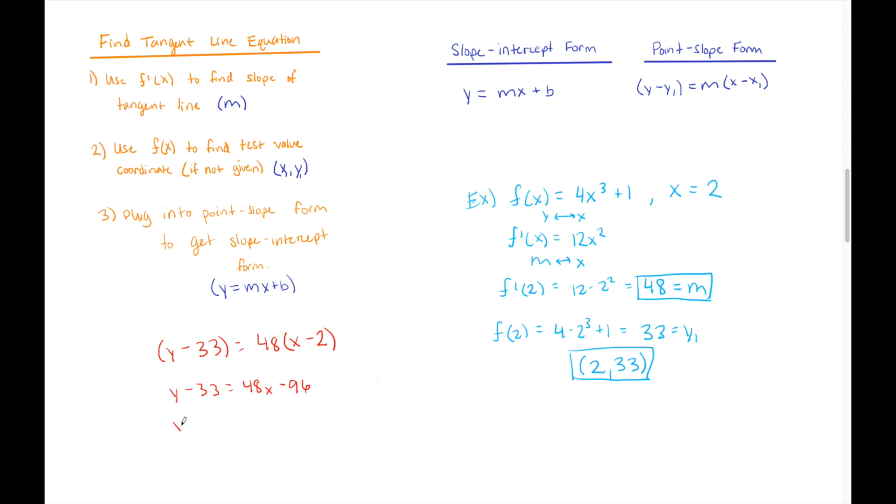We're going to add 33 to both sides and get 48x minus 63, and this is the equation of our tangent line. Meaning, if I graphed this and I graphed our original function on top over here, I would see that at x equals 2 on our horizontal axis, it'll intersect at only one point. And that's pretty much it.